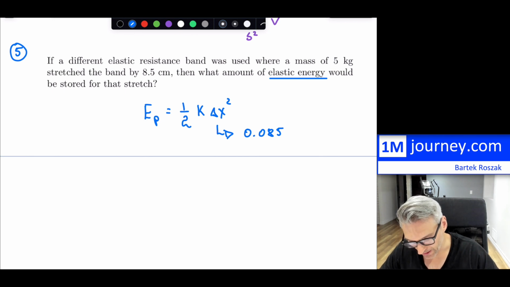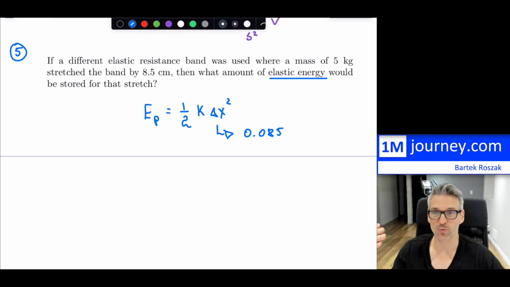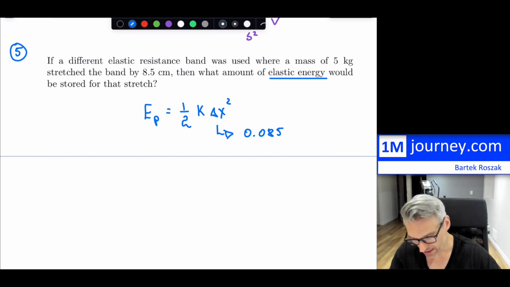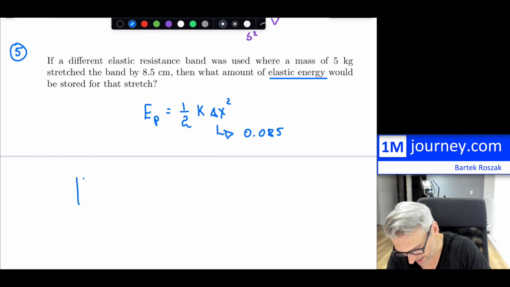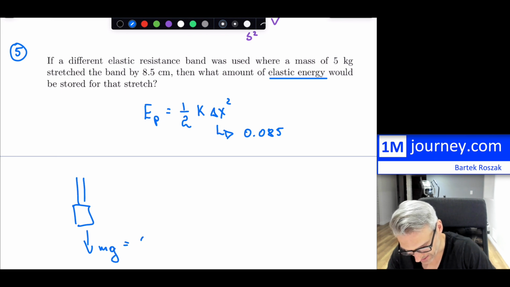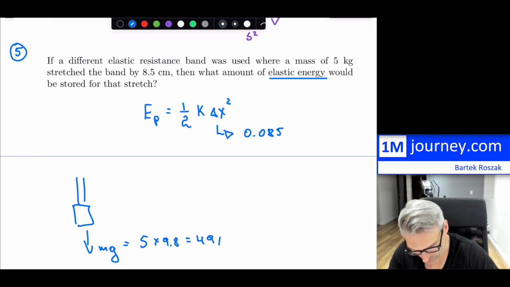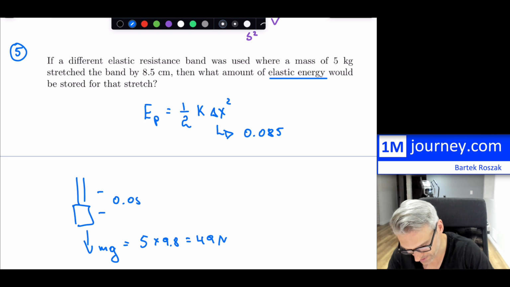Now we can find out K from the viewpoint that we know what the mass is doing. It's stretching out the band by 8.5 centimeters. So we can do the exact same thing we did in question number 1. If we had our band, this is going to be mass times gravity, except it's 5 times 9.8, so that's going to be 49 newtons. And this will stretch the band by 8.5 centimeters. That is the actual stretch, which means that we can now equate both of them.